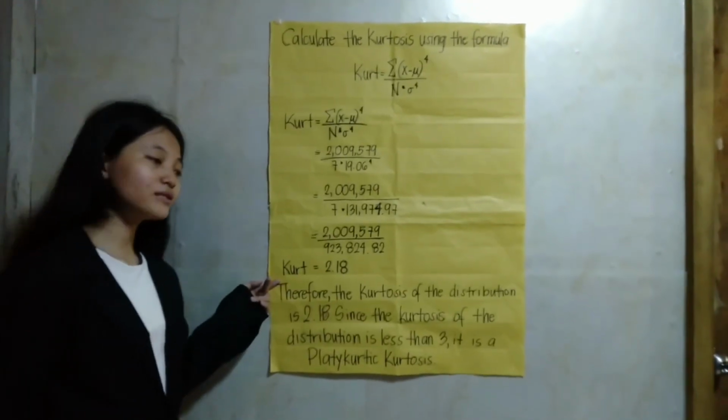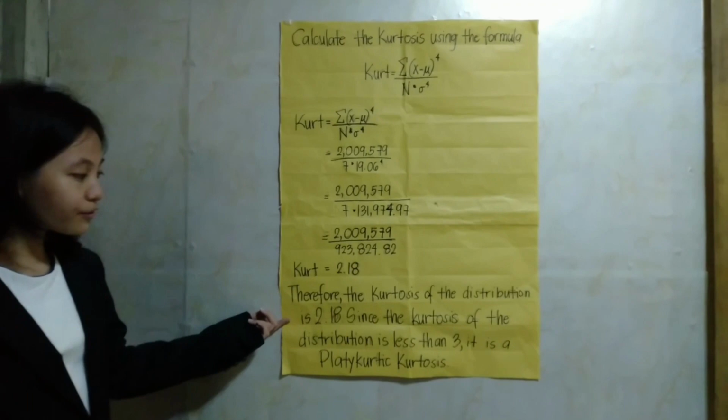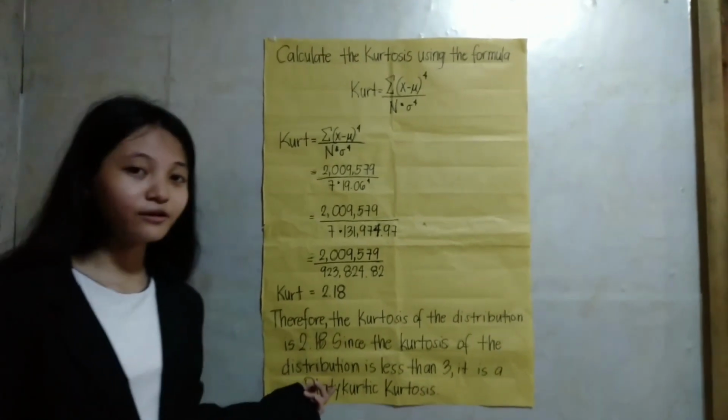Therefore, the kurtosis of the distribution is 2.18. Since the kurtosis of the distribution is less than 3, it is a platykurtic kurtosis.